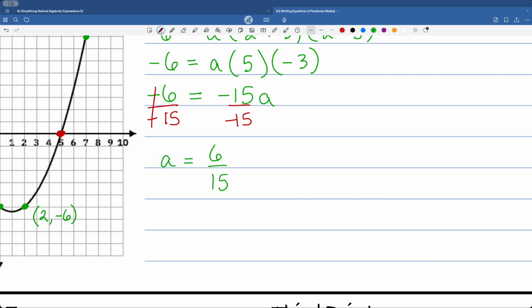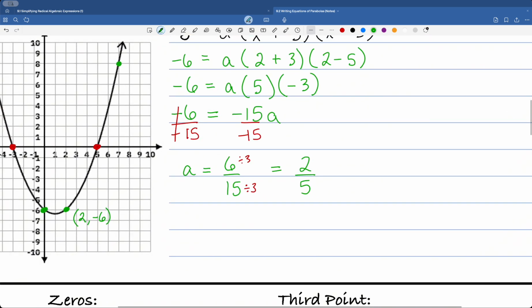which reduces, let's see, we have a common factor of 3. So a is going to equal 2/5. And it's a positive. So if you looked at the graph, it was moving up.